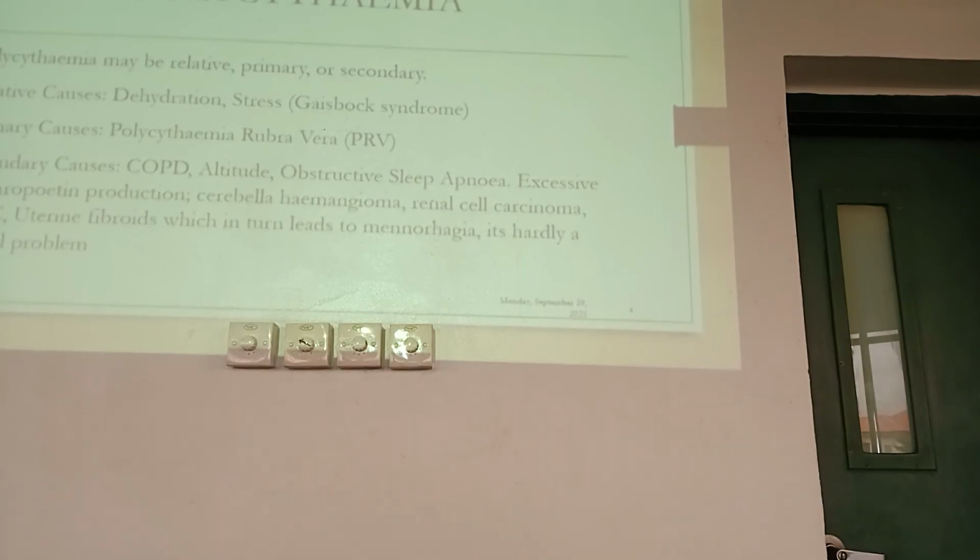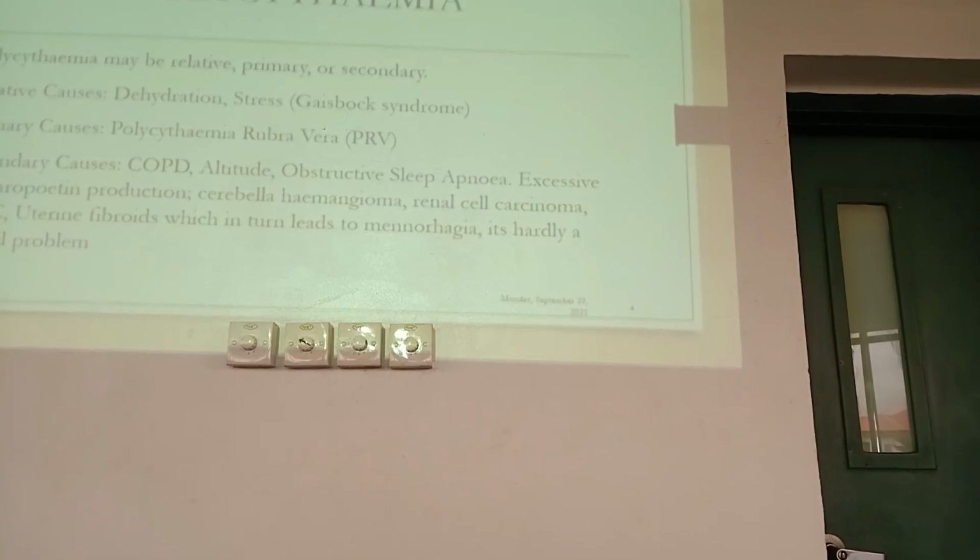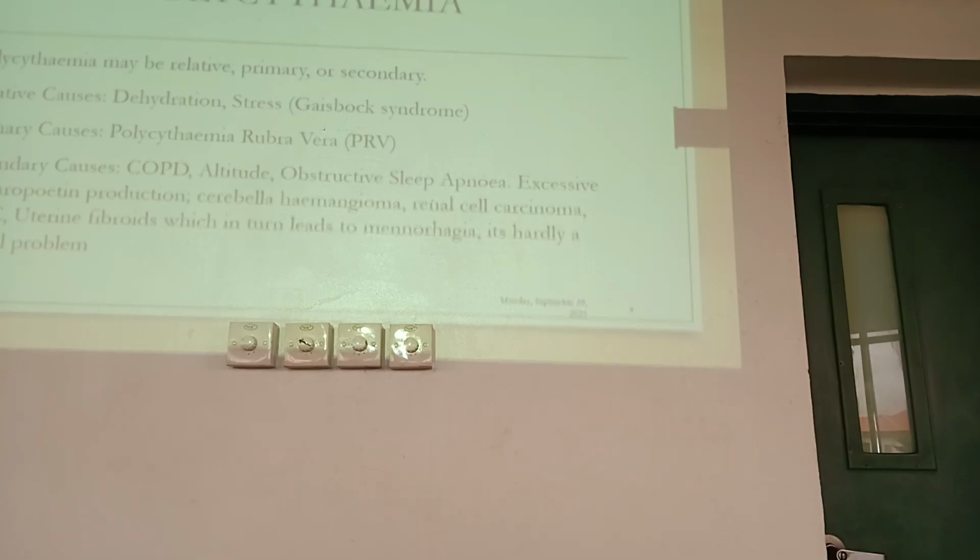Then obstructive sleep apnea: some people will be sleeping and breathing will stop abruptly, and they wake up panting for breath, maybe because of a growth in the larynx obstructing the airway.